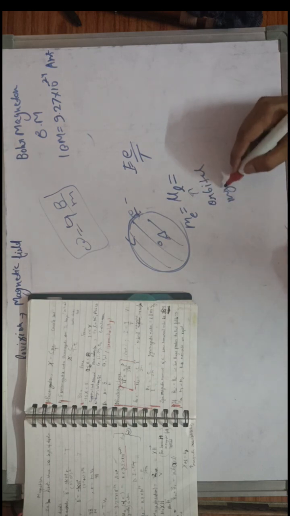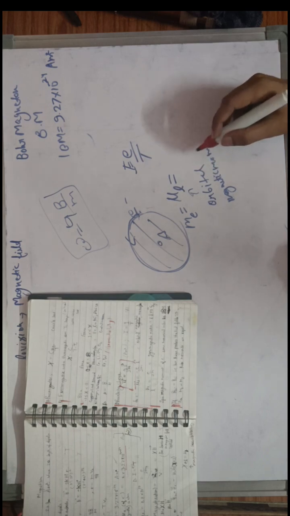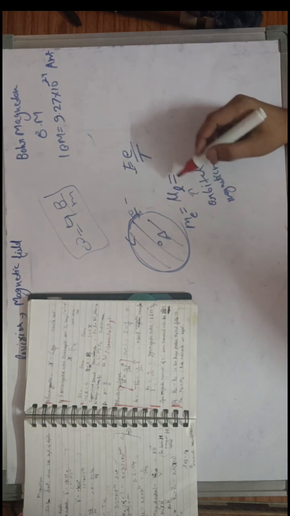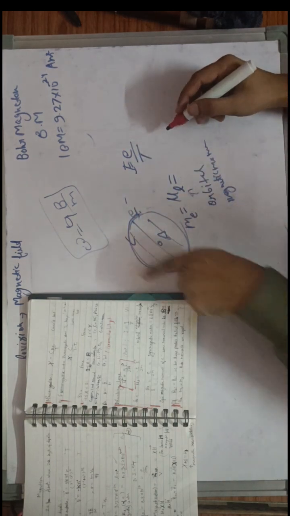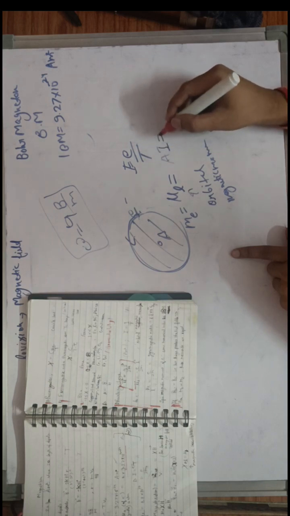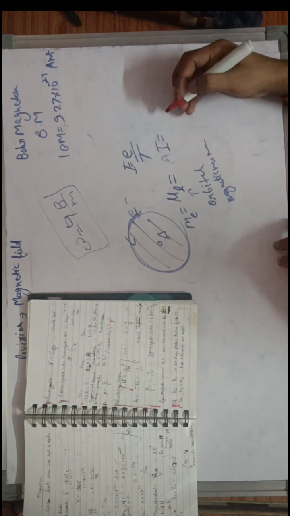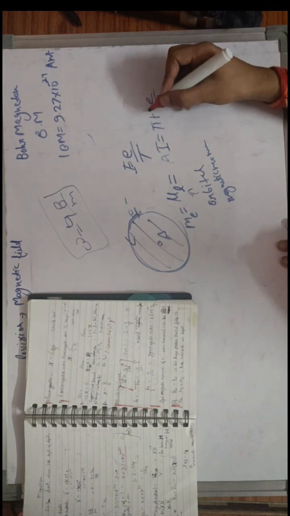It is given by the area of this circle in which the electron is orbiting, times the current. So area into I, which is a simple definition, and I is equal to e by T, and the area is equal to pi r square.